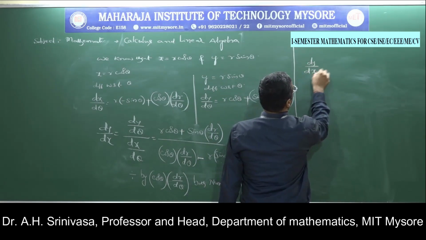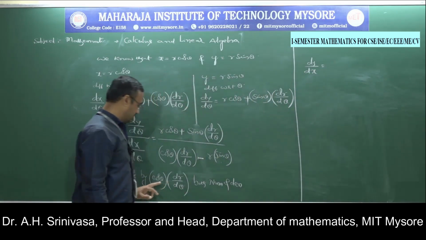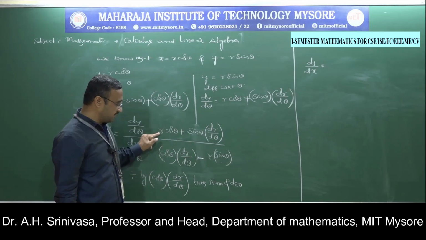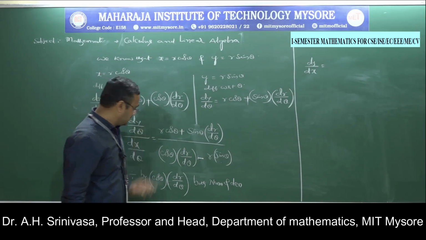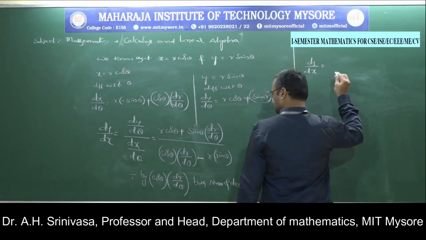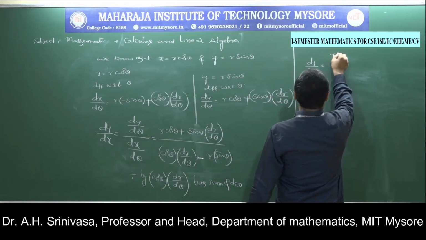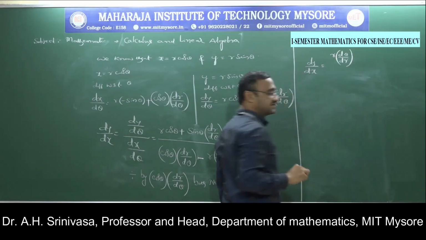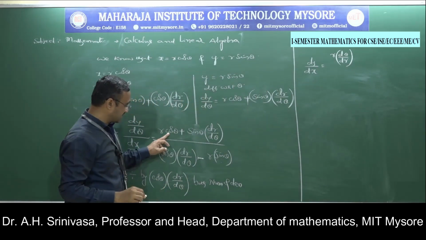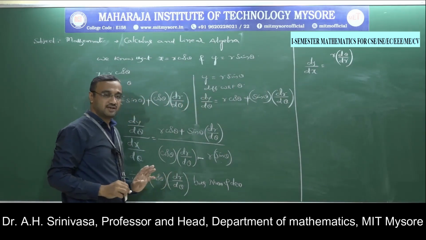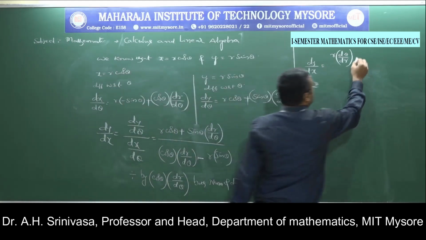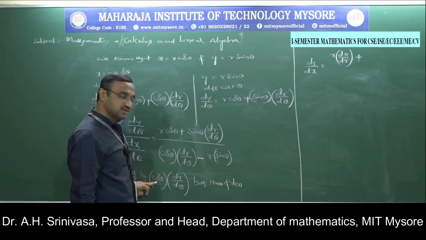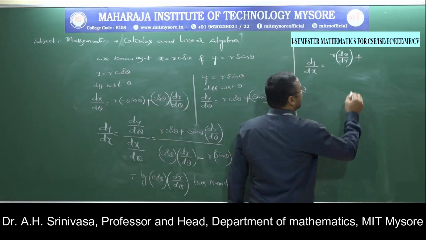Now our dy by dx should be equal to, if we go to division of this, both cos will be cancelled. We get r divided by dr into d theta, or simply r d theta by dr. If we take a reciprocal, then r into d theta by dr. Then plus, dividing sin theta by cos theta gives tan theta, and both dr by d theta will be cancelled.